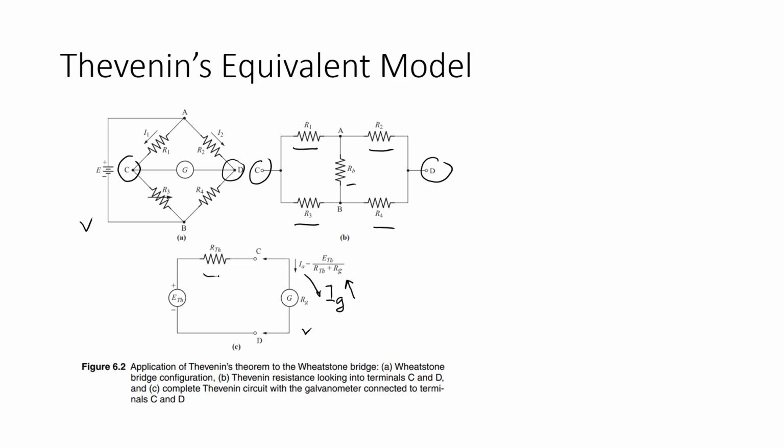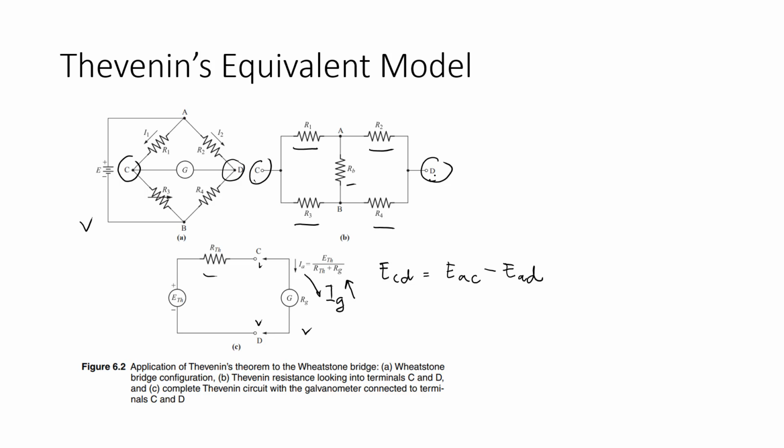And then if we use the Thevenin open circuit, that is the C and D here, the potential difference between C and D is equal to E_AC minus E_AD.